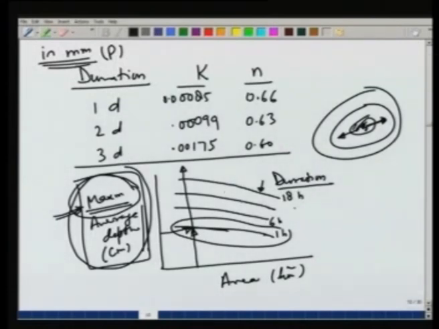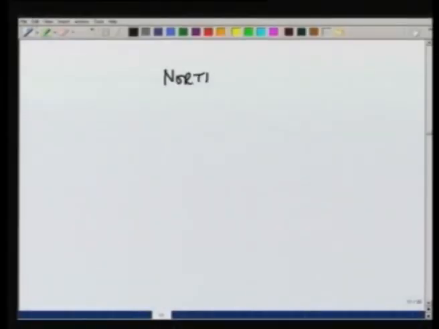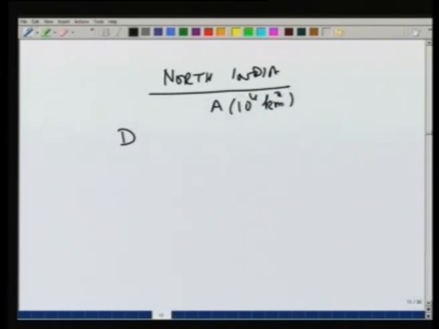For example, again for North Indian conditions, if we show the area in 10 to the power 4 square kilometers, 3 typical values which are shown here are 0.13, 1.3 and 13. So, this is a 10 times difference, 1 order of magnitude difference.